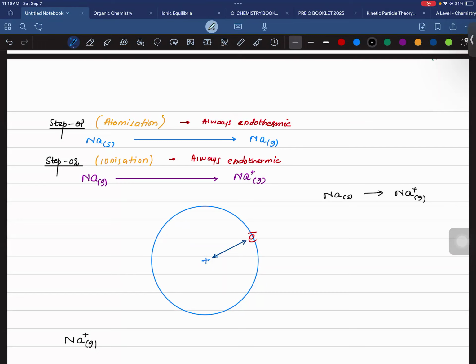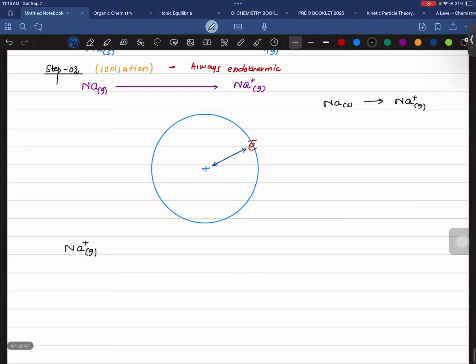That's why it is mandatory to convert this sodium solid into sodium gas, so that you can remove an electron easily from the outer shell of the gaseous atom. This is the reason before ionization you are supposed to do atomization.